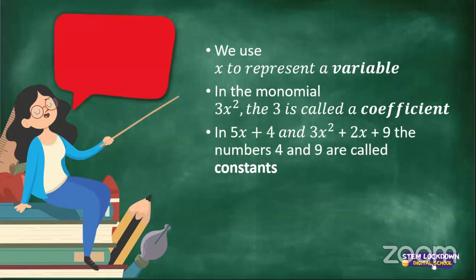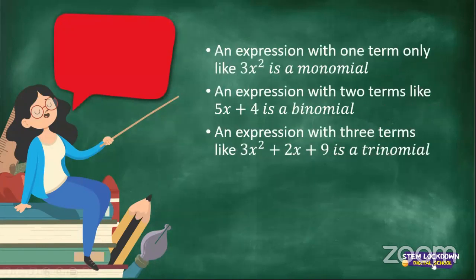So we are still going to work with these algebraic expressions this week. But what is very important, you must remember how to classify your expressions. You must know that whenever an expression has got 1 term, it is known as a monomial, 2 terms, binomial, and 3 terms, trinomial. So that is where we will end our lesson this morning.